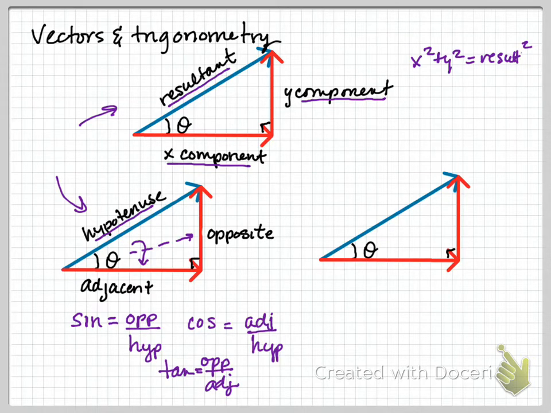So when we're talking about vectors, where you're going to run into this first is with velocities. So you would have some velocity equal to some value. And this component we call the x component, and this one is the y component.